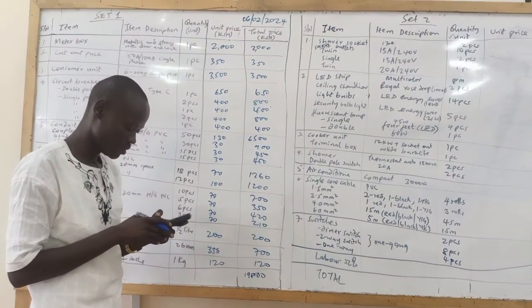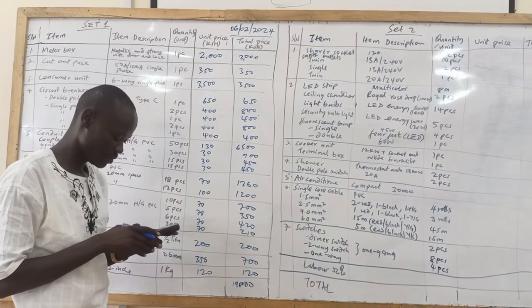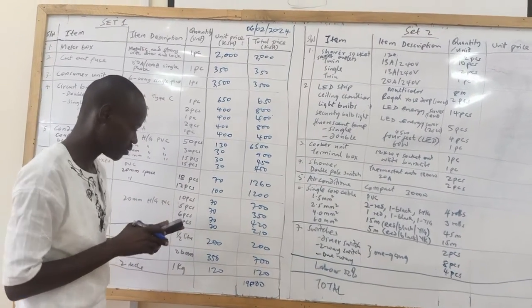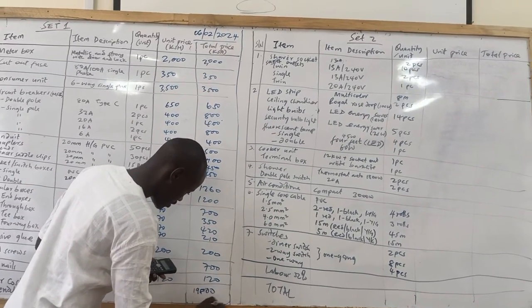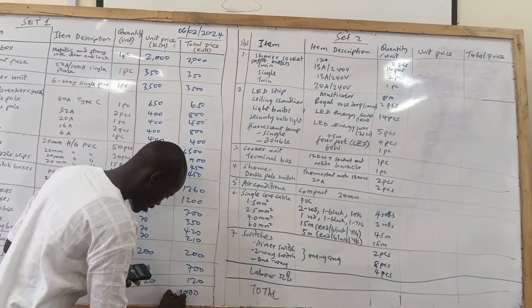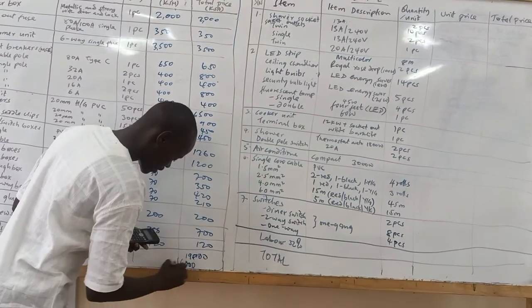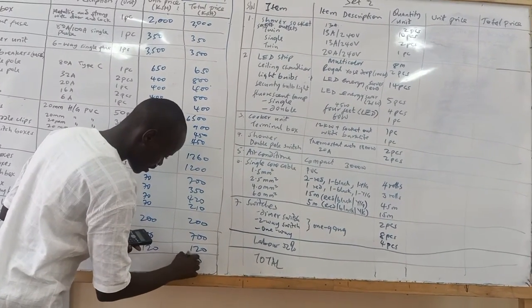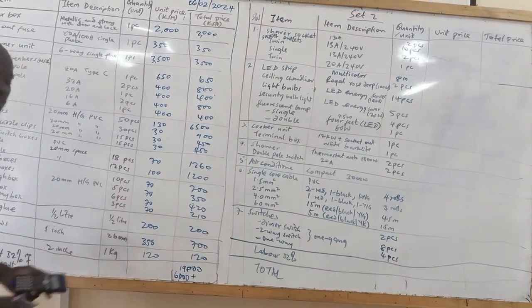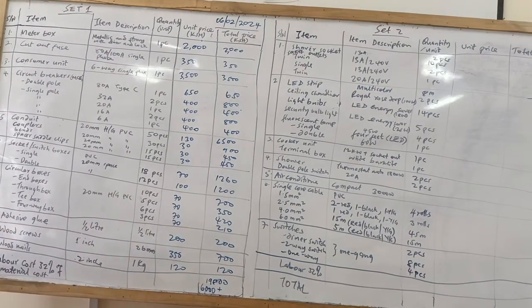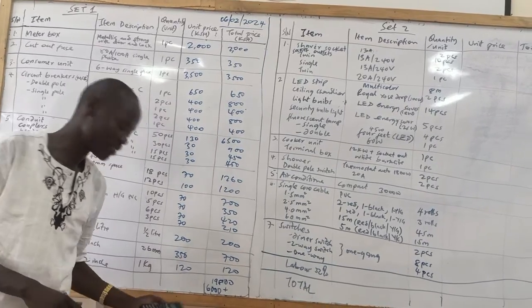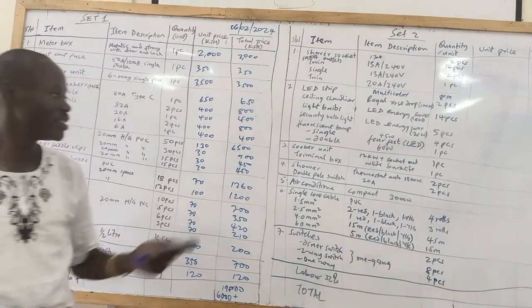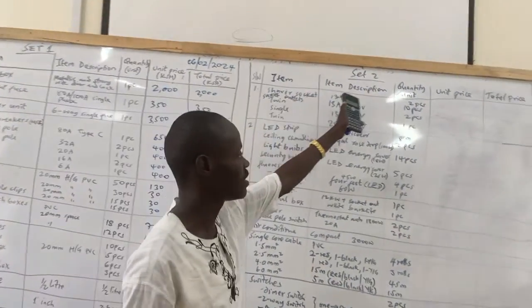So the labor cost should be 5,940. So the labor cost in this case should be 6,000. So the total should be 19,800 plus 6,000. So in that case the total for set one is 26,000 to be rough.